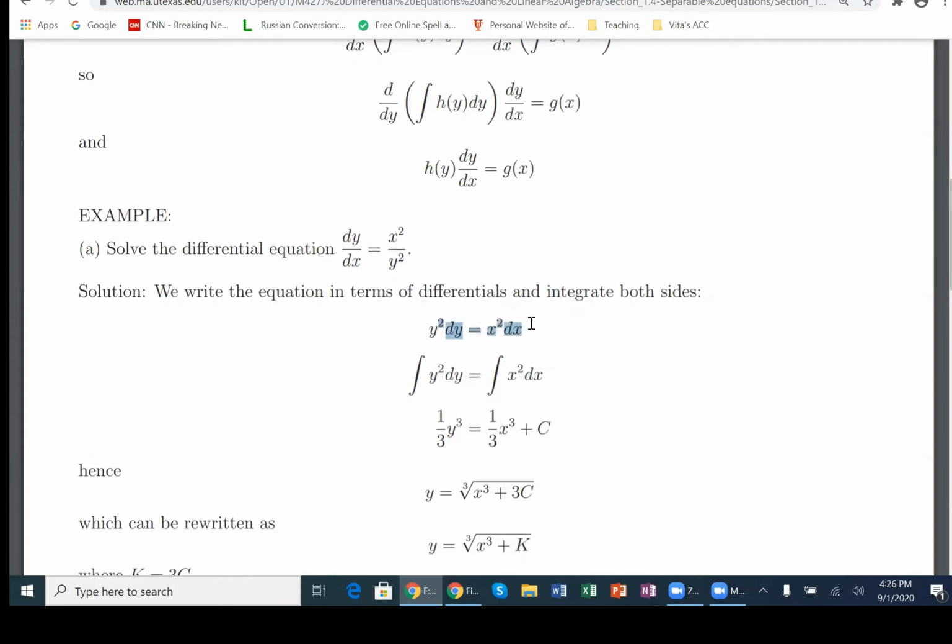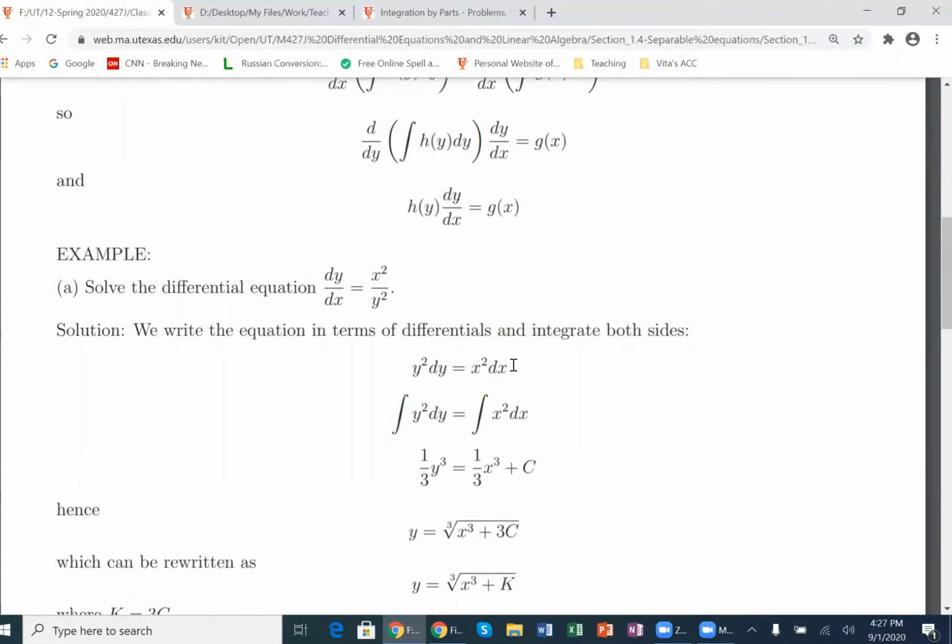Done. Note that now we have only y terms on the left, no x terms. And we have only x terms on the right, no y terms. Which means we just separated the variables.